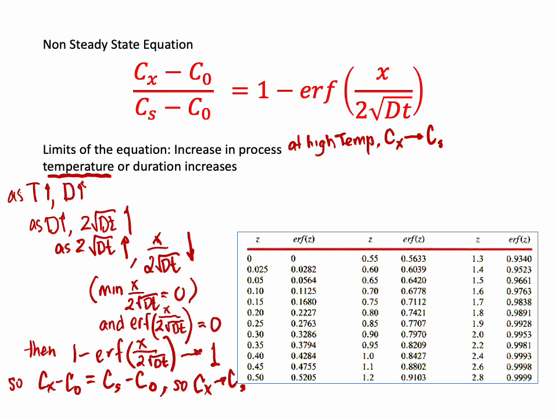As time increases, then the quantity x over 2 square root Dt must decrease. And then you can follow the logic further to the fact that C sub x would equal C sub s.